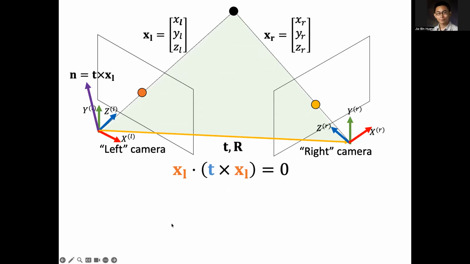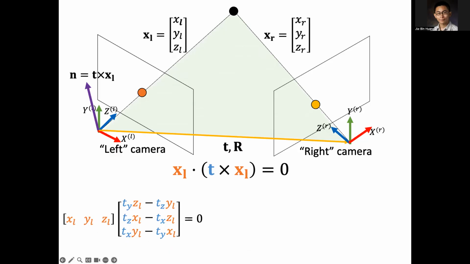So now I can say the dot product between XL, which is XL, YL, and ZL, and this normal equals 0. And T is a translation TX, TY, TZ, and the cross product can be described like this. All right, so this is just high school math.